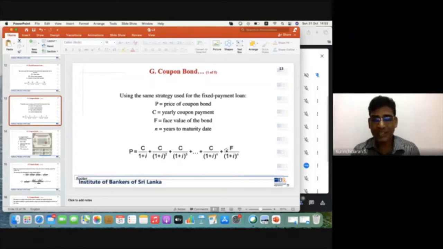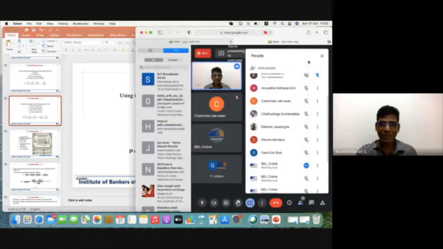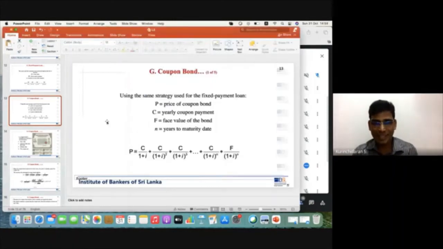If you discount these cash flows, you will get the price of the coupon bond. Is that clear? Okay, let's go ahead. If you don't get it clearly, you can ask me at any time.